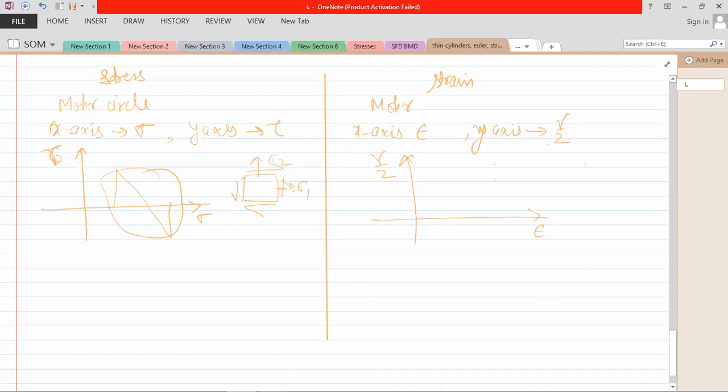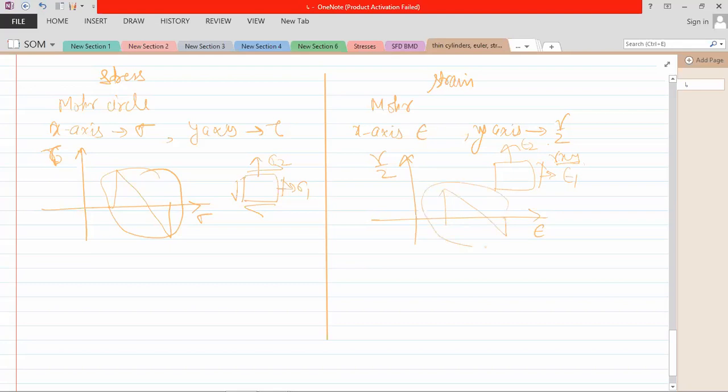Now for this condition, suppose epsilon 1 is given, epsilon 2 is given, and some gamma xy strain is given. You take the half value here because it is given divided by 2, and you draw the same Mohr circle.